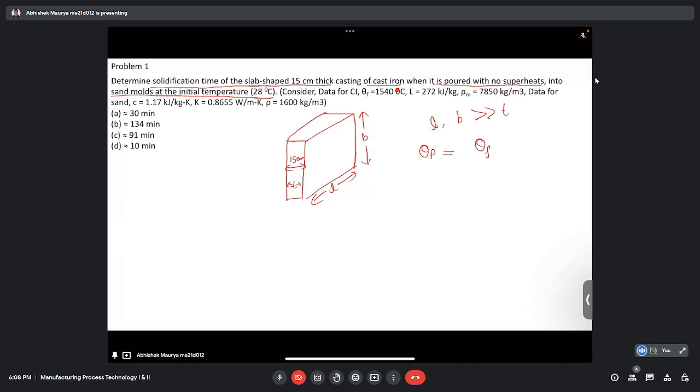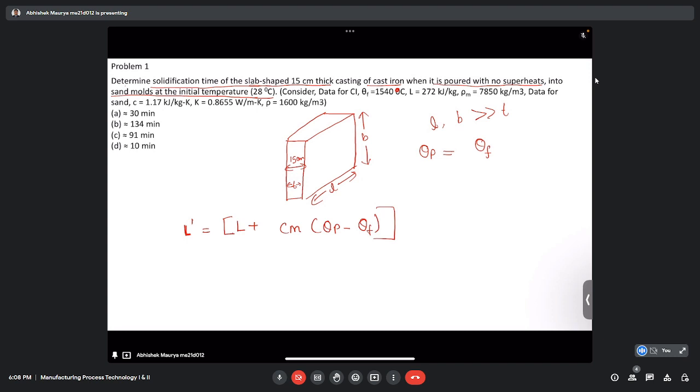Let's try to solve it. Here we will find out L dash, the latent heat involved. If you remember from the lecture, the formula for L dash has the term theta p minus theta f.